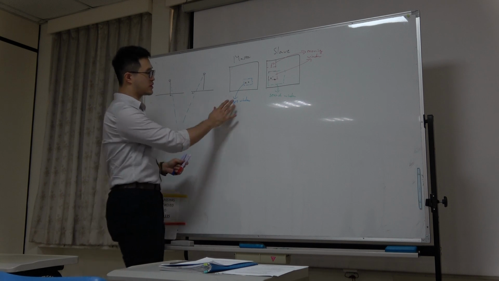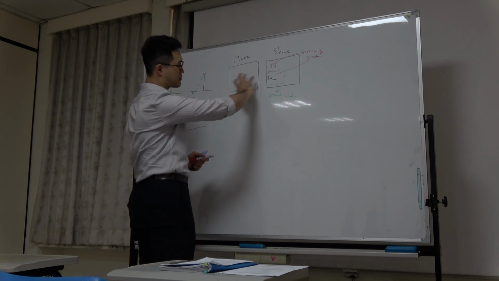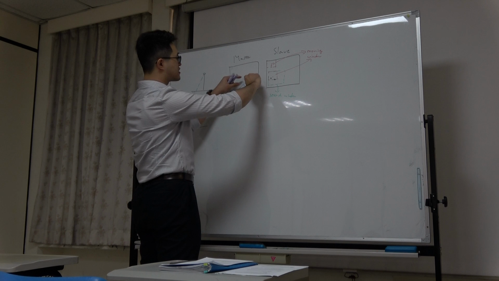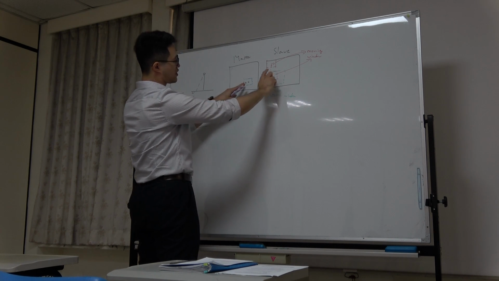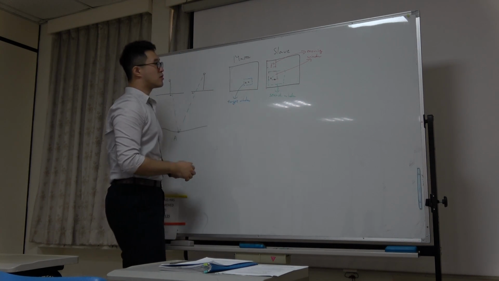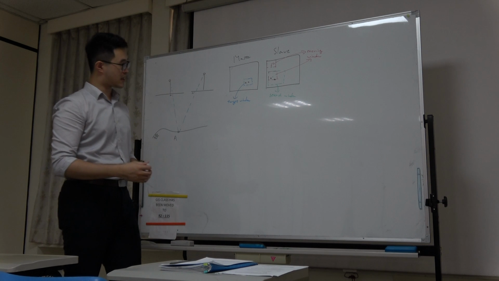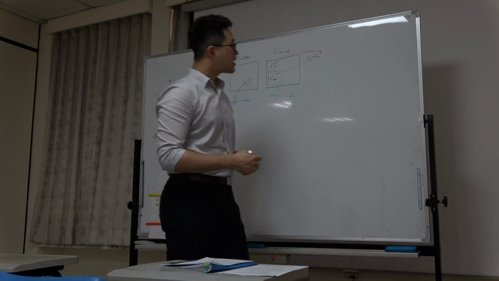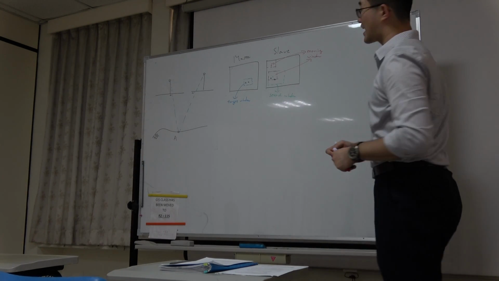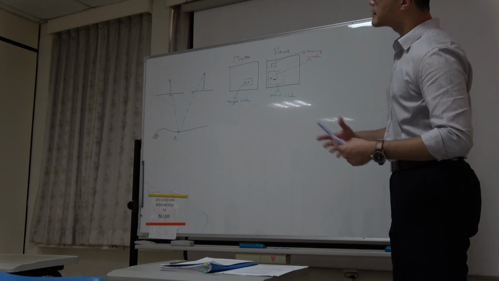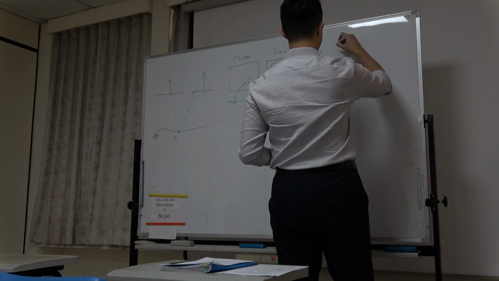So you have a target window and you have a moving window, and then just move it and compare the similarity between the target window and the moving window. And normally we will have different ways to calculate the similarity. One traditional way, but also a very widely used calculation, is called NCC.